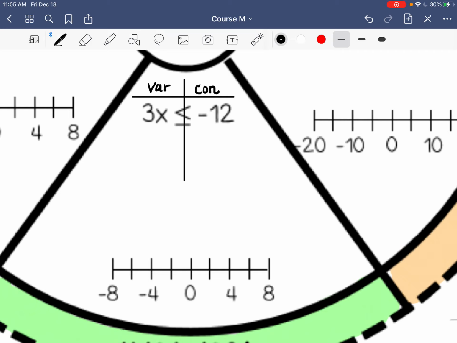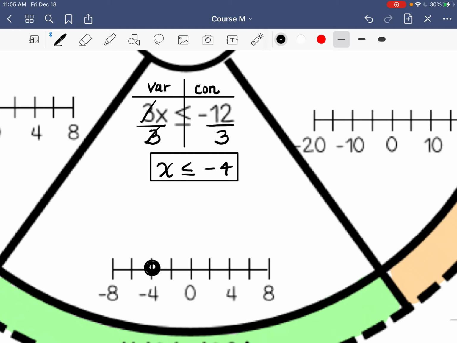So variable, constant, we are dividing this time by a positive 3, so no reversing has to occur. I always make this too long, don't I? So we have x is less than or equal to negative 4. So the interval is at negative 4. It is closed. And we are going less than negative 4.